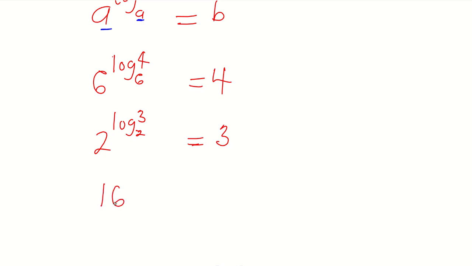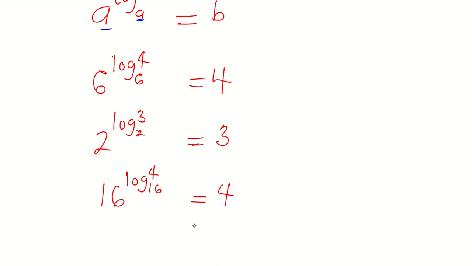So you have 16 exponent logarithm of 4 to the base 16. What do you think could be the answer? I'm giving you 3 minutes. You've already said the answer, which means the answer here is 4. So that is the logarithm exponentiation.